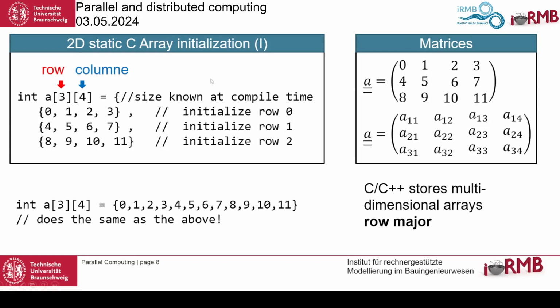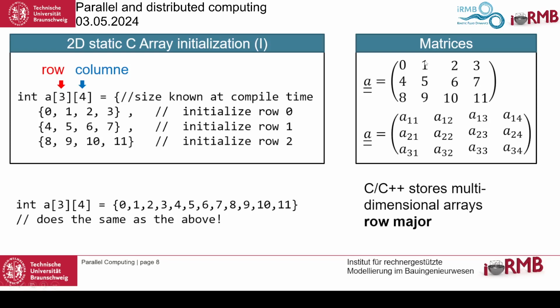And the same thing can also be written like this, because what C simply does is unroll this multidimensional thing and put it in a single row. So this here is how the matrix A would then be stored.